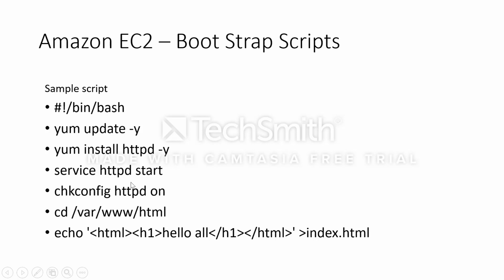We are starting the service, HTTPD start, and this check config is basically in case the EC2 instance gets rebooted or something. So this one step helps. Then you cd to var www html, and in that we're creating an index.html file with this hello all message. So this is the Bootstrap script.